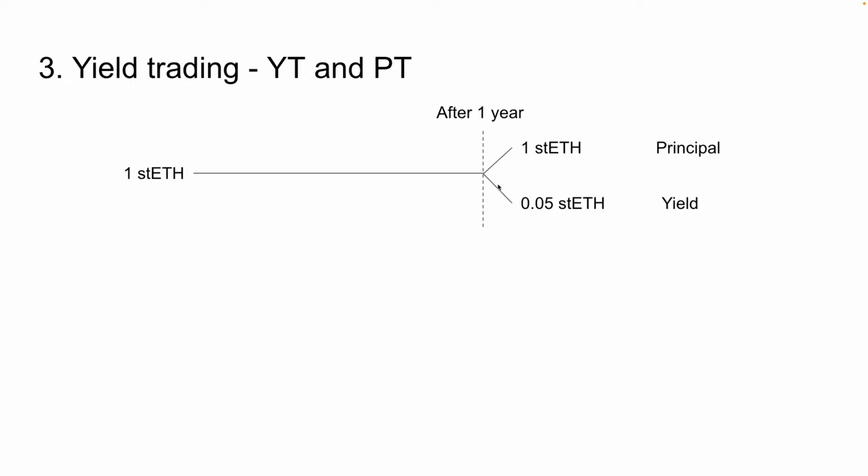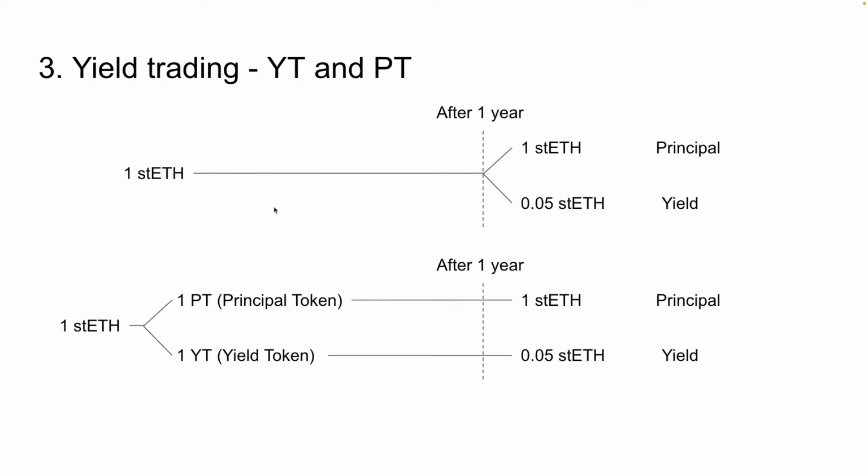The one sDE is called the principal, and the 0.05 sDE is yield. Very straightforward, right? In Pendle, you can split the initial one sDE into one PT, short form for principal token, and one YT, short form for yield token.